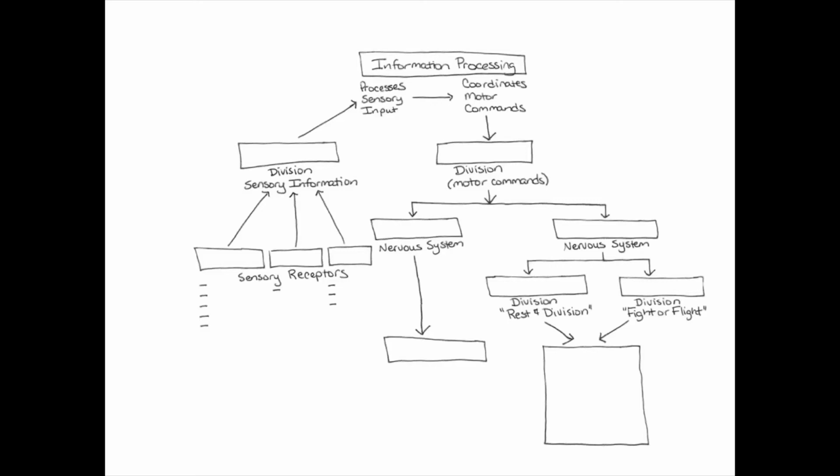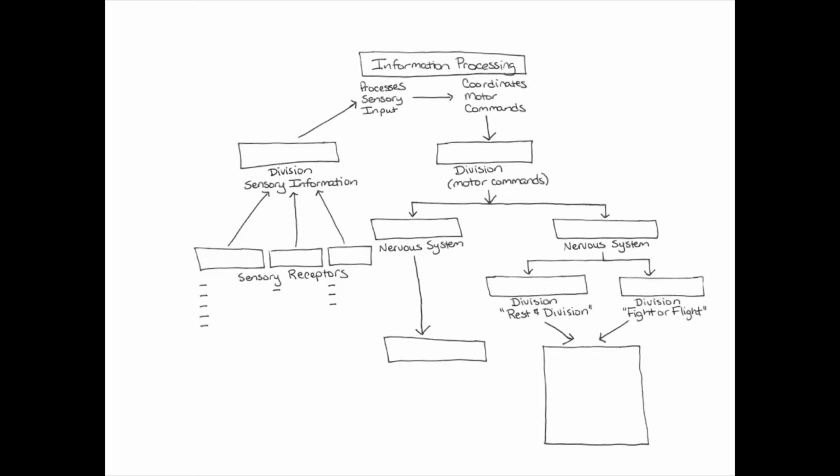The difference between those two is that the somatic nervous system is sending a command to the skeletal muscles. Okay? And the autonomic nervous system over here is sending information to all the other effectors in your body, which happen to be smooth muscle, cardiac muscle, glands, and adipose tissue.